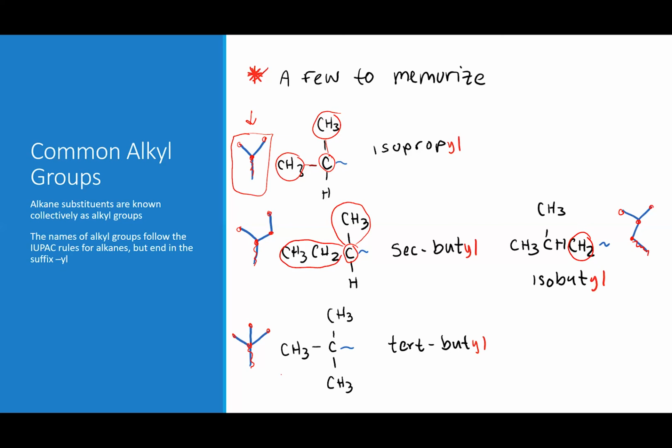Sometimes it'll even look like this when it's attached. So again, these are side groups that you should look at, become very familiar with, and memorize. The other types of attachments, I think, are straightforward in their naming, whereas these are not so much.